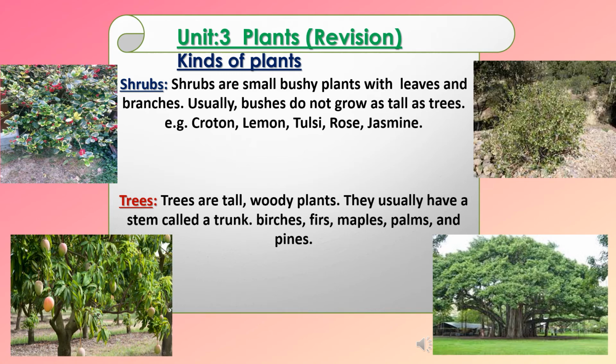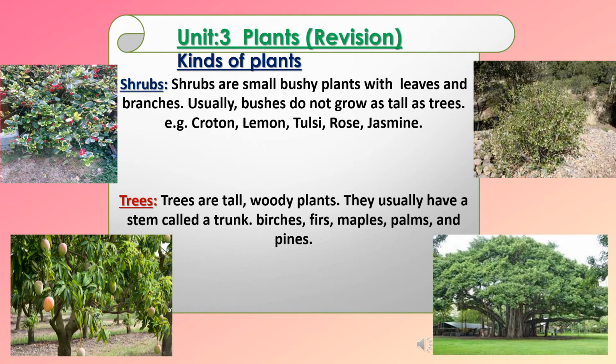Trees. I hope, dear students, you have known about trees very well and you have seen many trees around you. Trees are very tall and woody plants. All the plants that are tall and woody are called trees. They usually have a stem, and that stem is called a trunk.